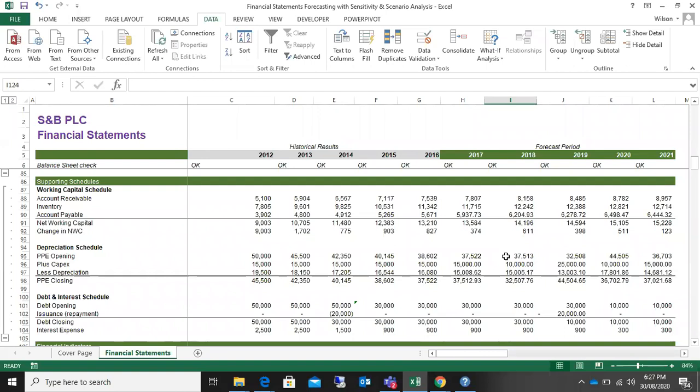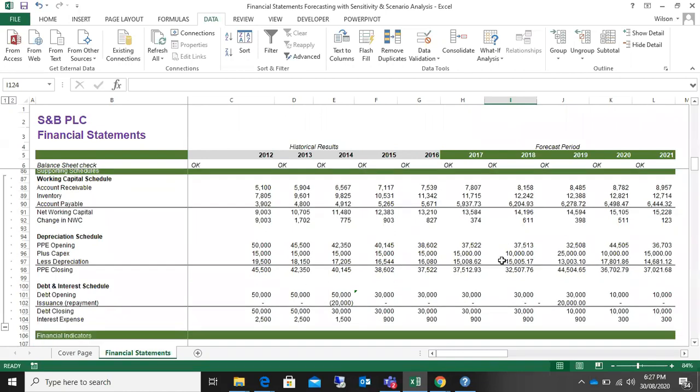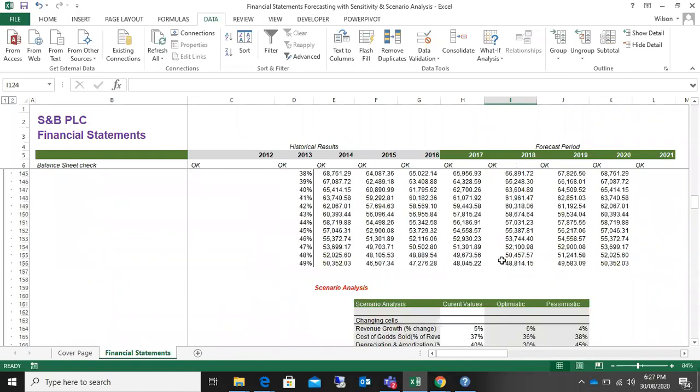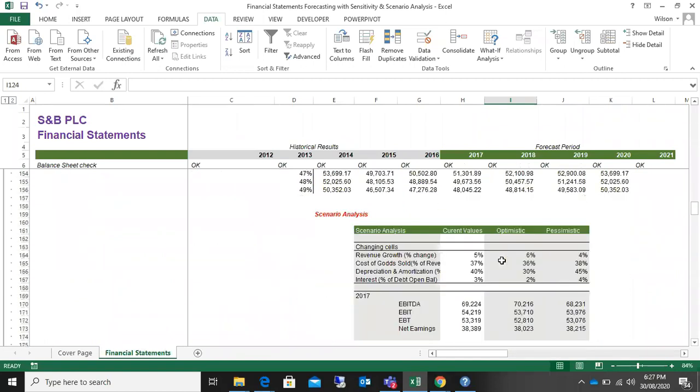The question is for that scenario analysis. The last part of the net earnings for the optimistic case is a little lower than the current value or the base values. Is that supposed to be? The net earnings for what?